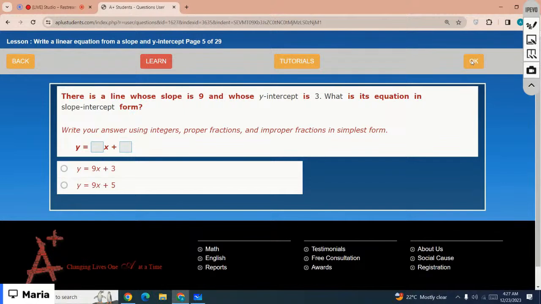Yes, the correct option is option number 1, that is y equals 9x plus 3. Option 1 is the correct option.